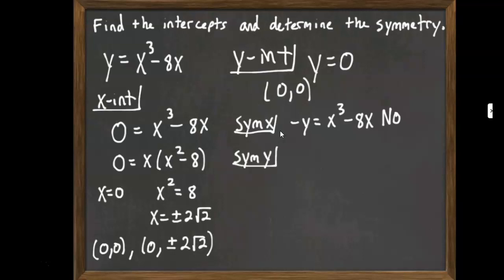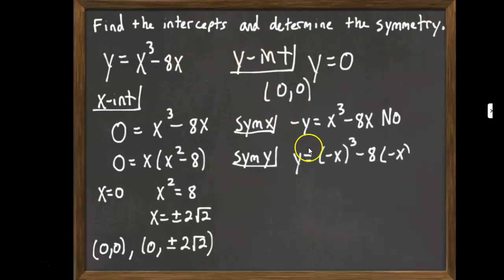So we go check symmetry about the y-axis. Again, for symmetry about the y-axis, we go into our equation and replace x with negative x everywhere it occurs.